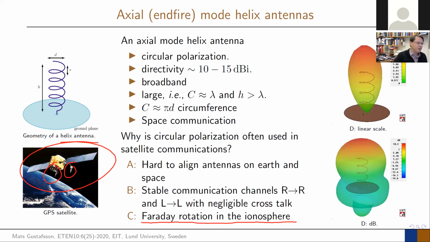What Faraday rotation is, is that if you send in this wave, it starts rotating around like that. That is something that also happens in space in these cases. So let's do this and let's see what you believe. Why do you have this circular polarization in these satellites and satellite communication?